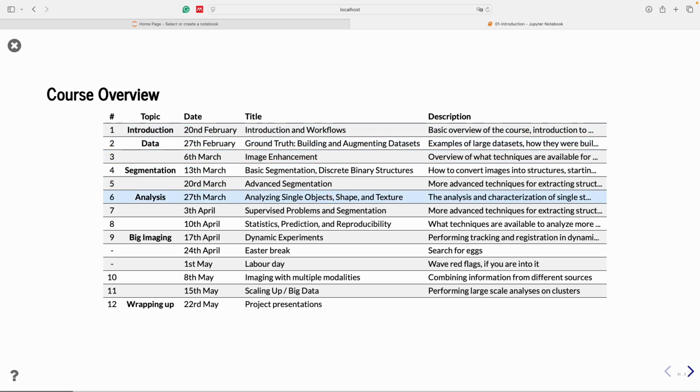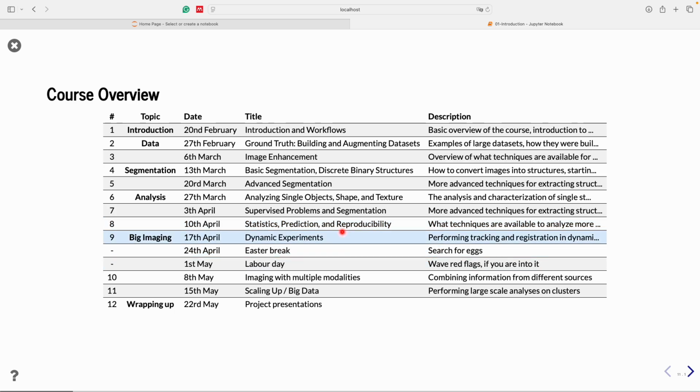Then we start analyzing what we have segmented, and that even continues a bit. Then we switch over to statistics, where we are looking at uncertainties in the analysis and also statistical analysis.